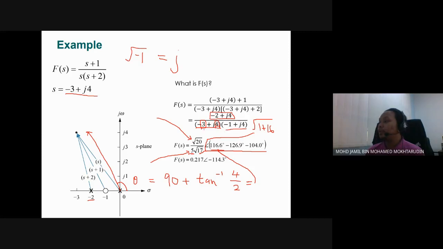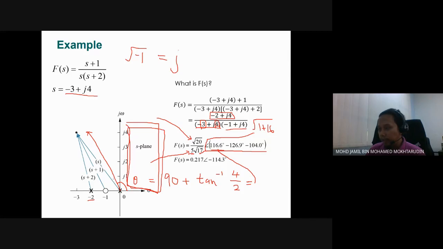Okay, so I think you have learned this back in first year. Revise again, okay? So you determine the angle for each of the complex number, and then you sum the angle for the zeros minus the sum of the angle of the poles. So to determine the angle, it's better to plot them in S-plane, sketch in S-plane, and then determine the angle. Because sometimes the formula tangent is only suitable for the vector that lies on this section of the S-plane.